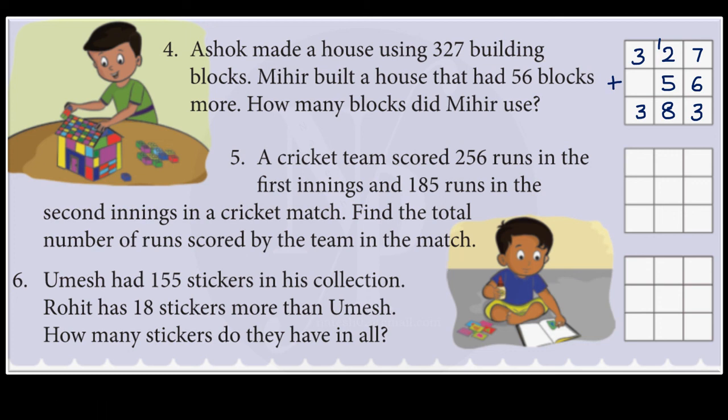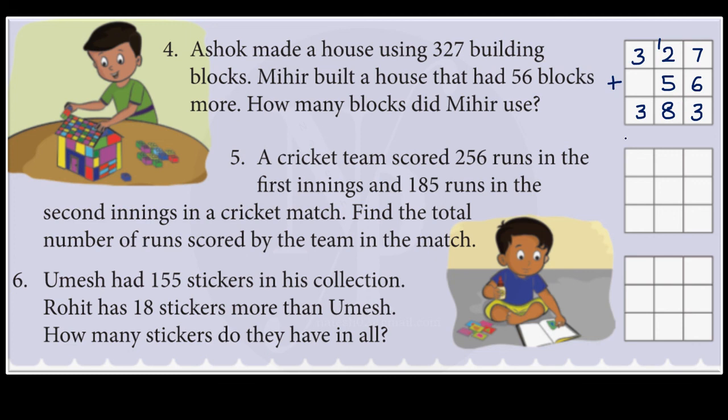So a cricket team scored 256 runs in the first innings of the match and 185 runs in the second innings. We should find the total number of runs scored by the team in the match. Let us write down these numbers and find the total number of runs.